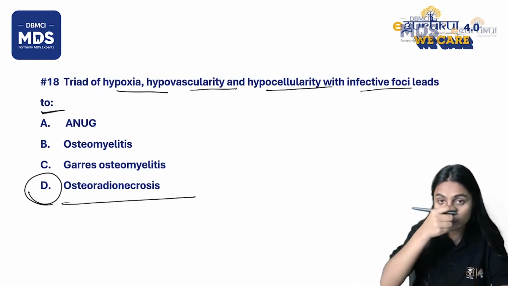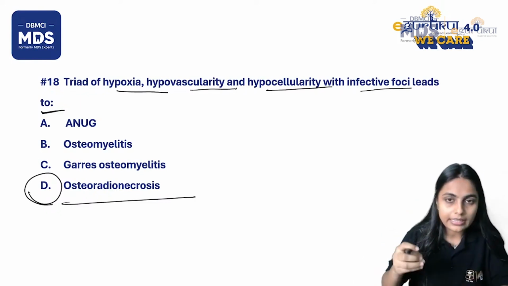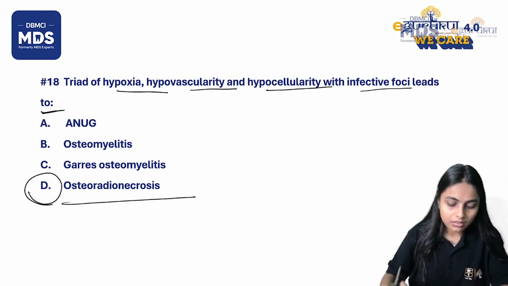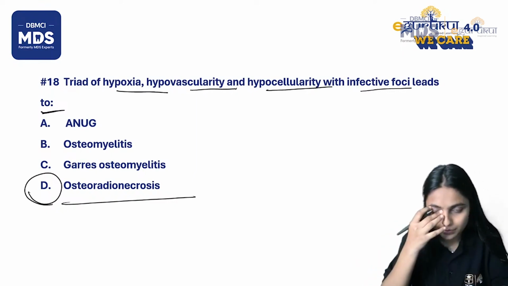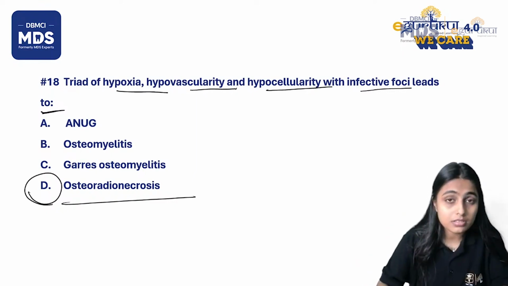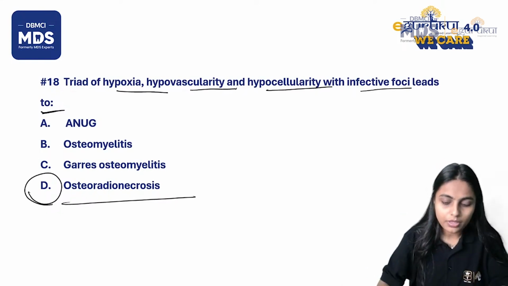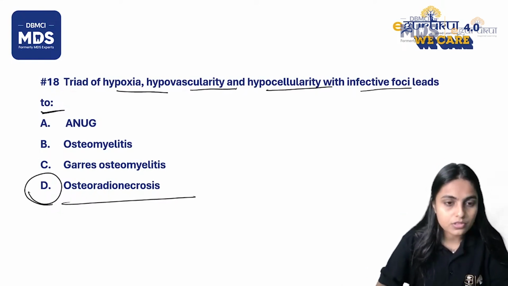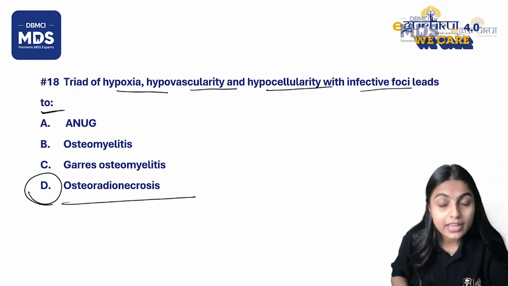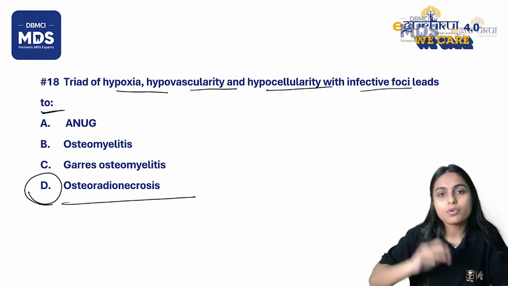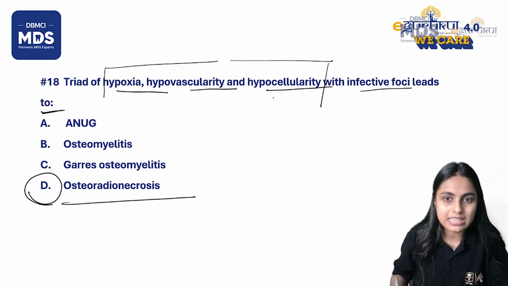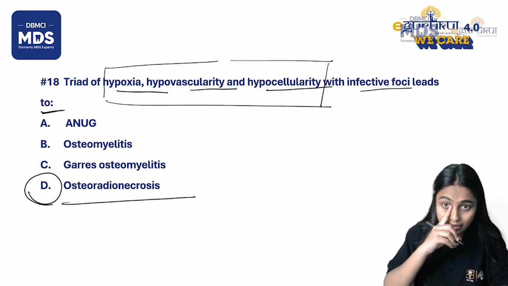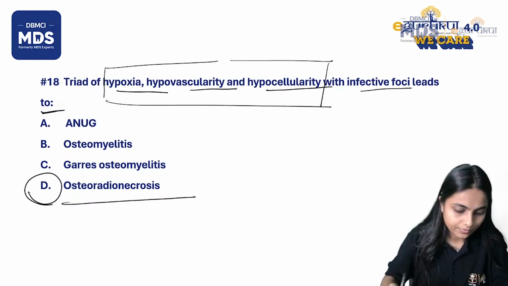The mandible is most commonly affected here, and osteonecrosis can take place. The risk of osteoradionecrosis can be decreased by removing all the infection before undergoing radiotherapy. So these are the features seen in osteoradionecrosis, right?